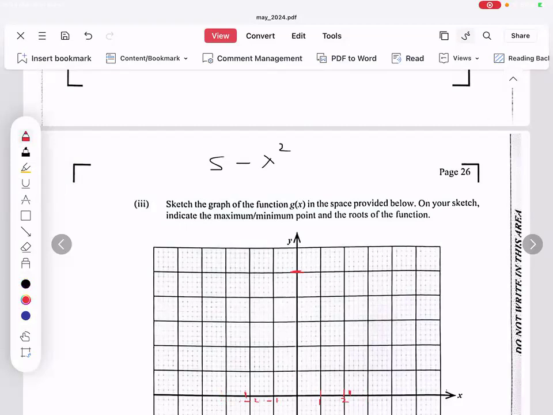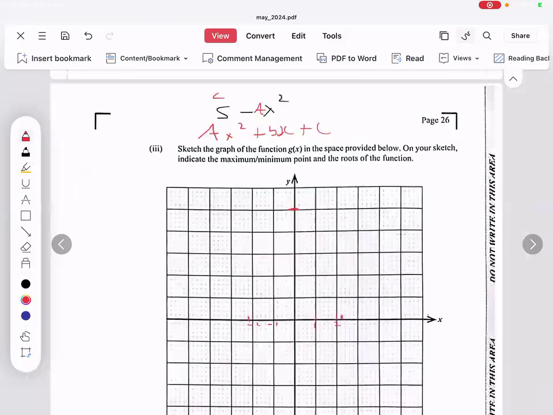Which letter is in front of x squared? A. So do you notice that there's an A, there's a C, but there's no B, because there's no x there. So B is 0.